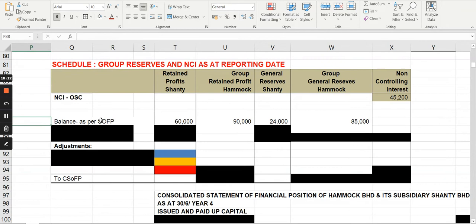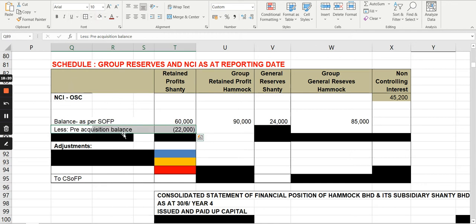Next, let's do the adjustment for the subsidiary first. For the subsidiary, what you need to do next is to adjust the profit at the end of the year and take out the pre-acquisition credit balance, 22,000. If you have a pre-acquisition debit balance or pre-acquisition loss, that should be added, and that will give you the post-acquisition balance.